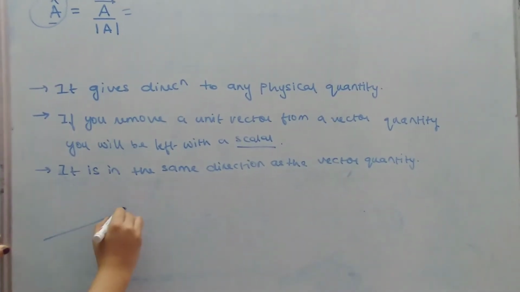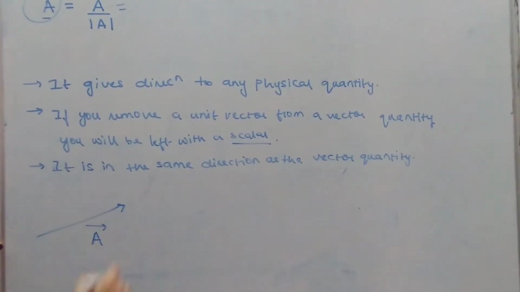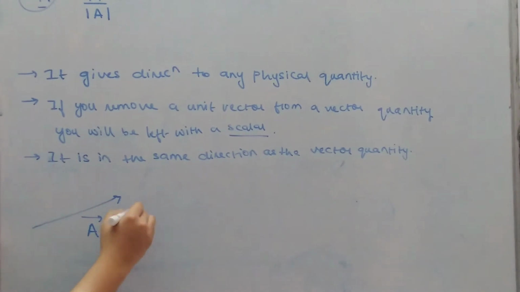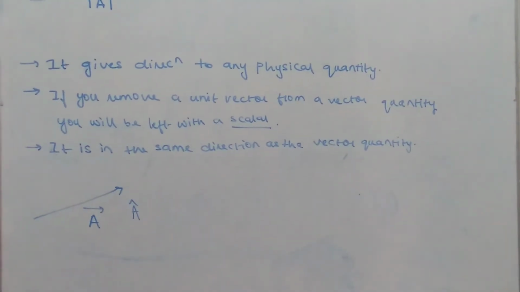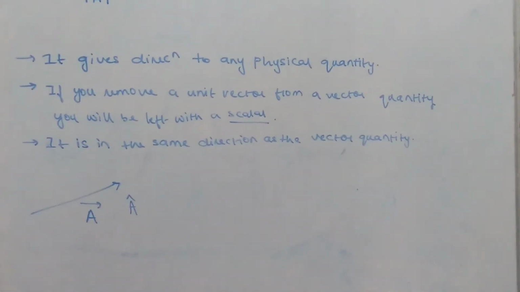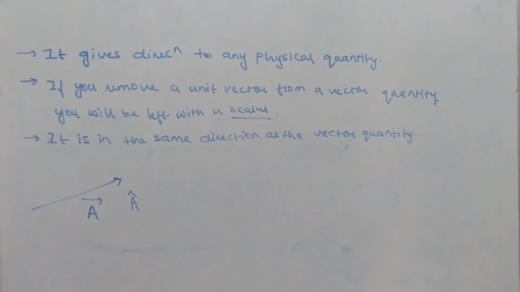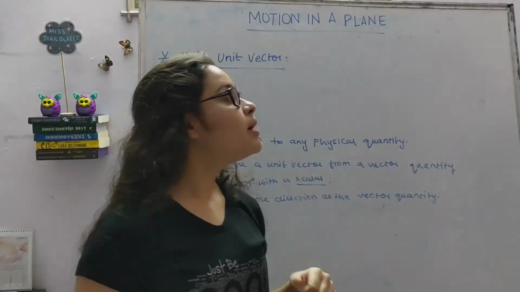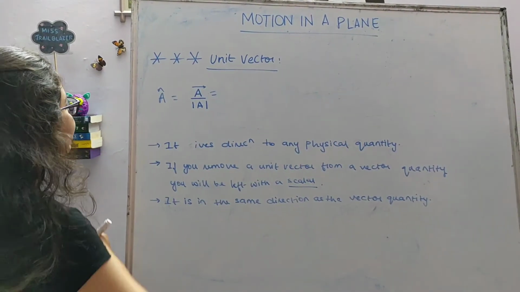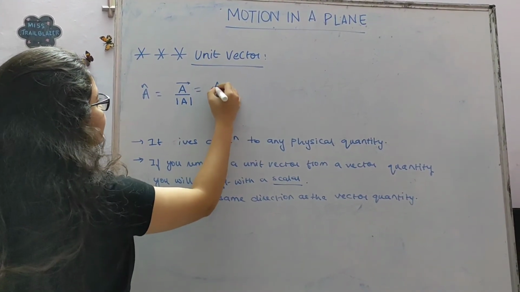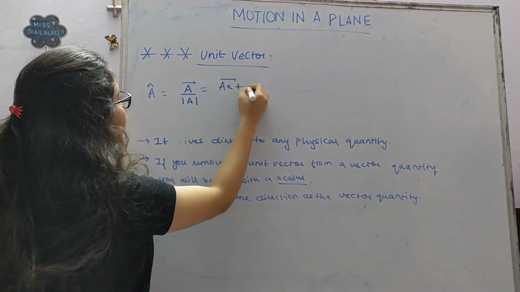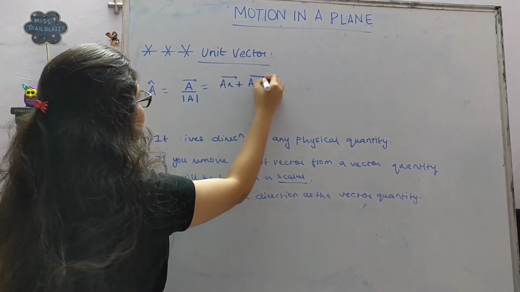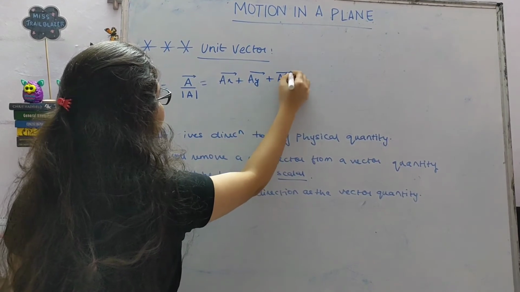Which means if my A vector is in this direction, my A cap will also be in this direction only. Just note these points down and I am going to give you the formula for how to find the unit vector. Now let us see the formula for unit vector. This is just the formula, so you have to remember it. There is no specific derivation for this formula.